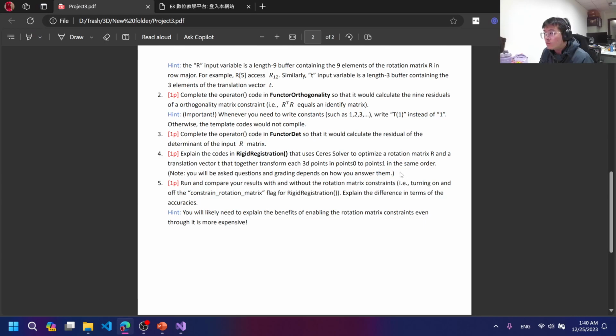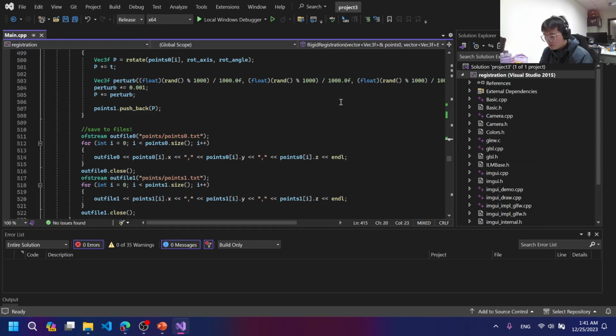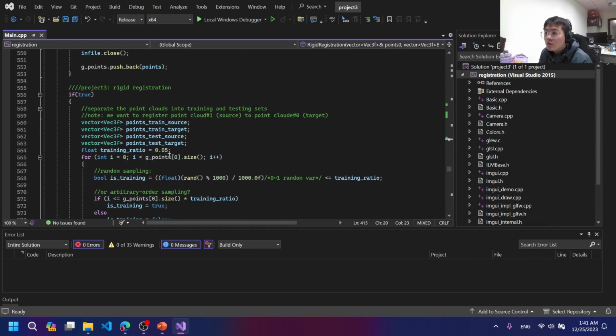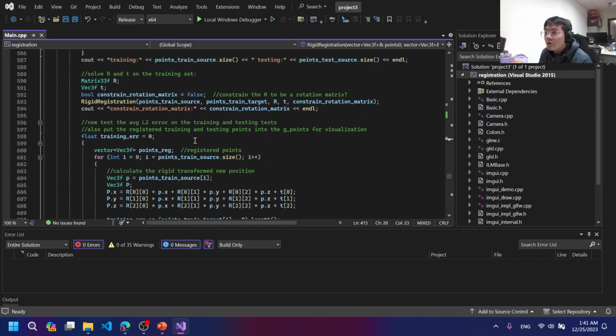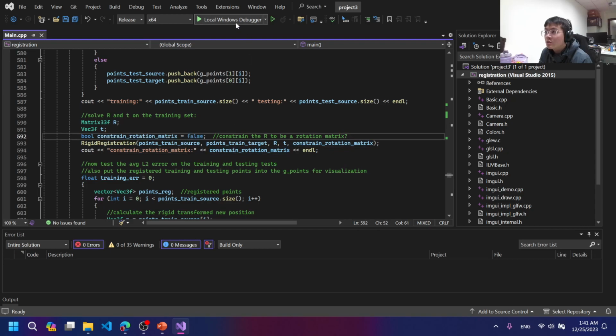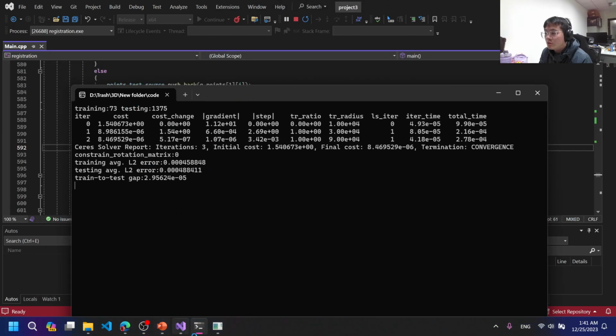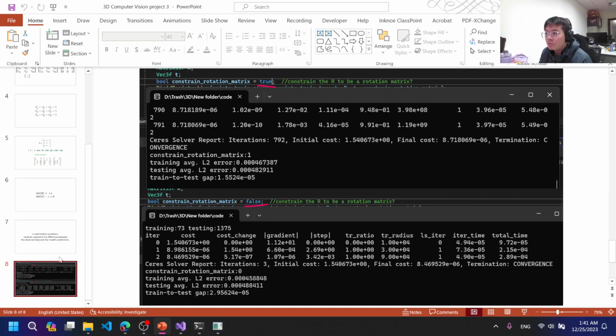Okay, so the final question is: run and compare your results with and without the rotation matrix constraints. So it's all the way down. Rotation constraint. Here it is. So this constraint rotation matrix, currently it's false. I'll give you a quick look at the output. I already saved this output, I took a screenshot of it. It's the one below.